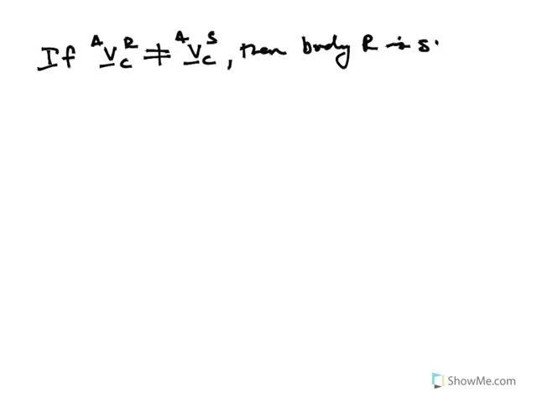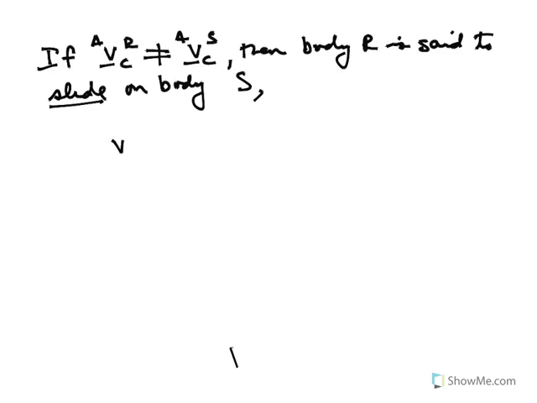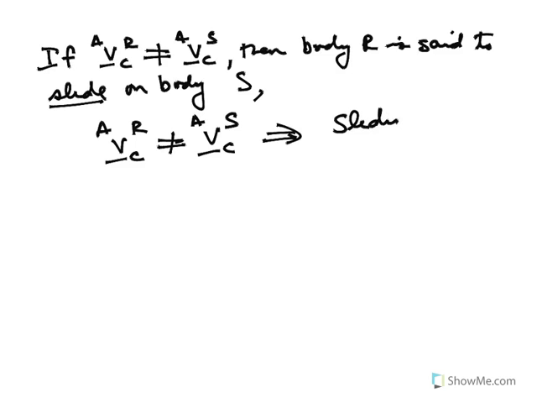If the velocity of C on R in A is not equal to the velocity of C on S in A, then body R is said to slide on body S. So in other words, if it's not equal, then this is what's called the sliding condition.